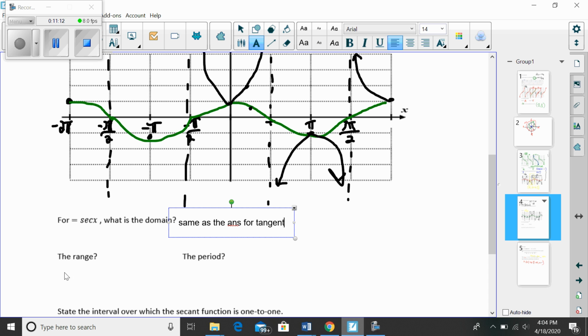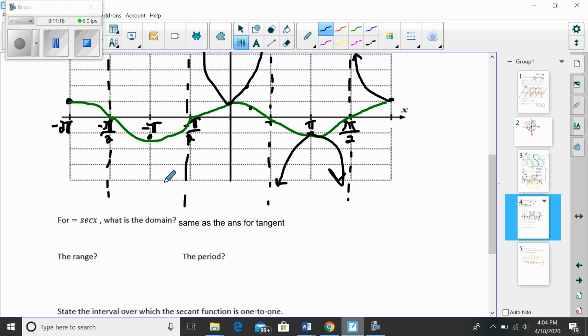All right, the range. Same exact range. Actually, before I get too ahead of myself, let me finish this. Sorry about that. I'm jumping ahead, but finish it over here. There we go. Okay. Nothing in green other than the points 1 and -1 are included in the range. Remember, range is the possible y values.